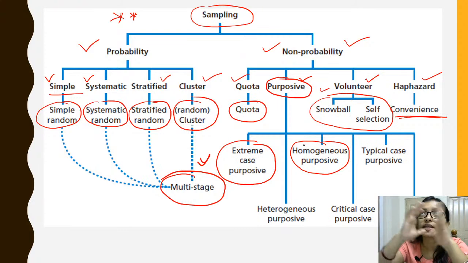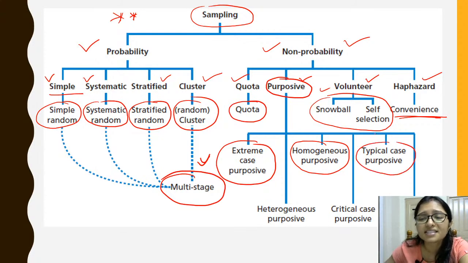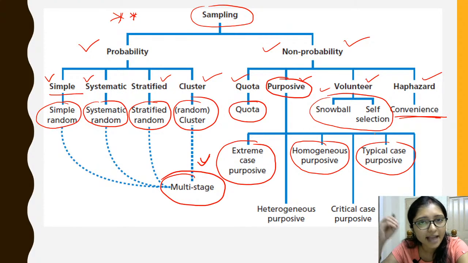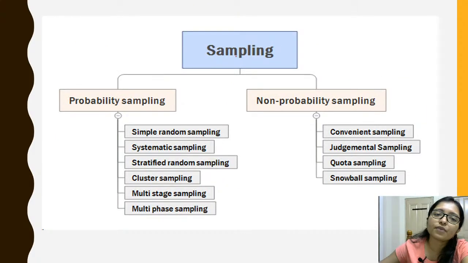Homogeneous is from the same type, heterogeneous is different type, right? And typical case purposive means typically, right? So one by one see that.